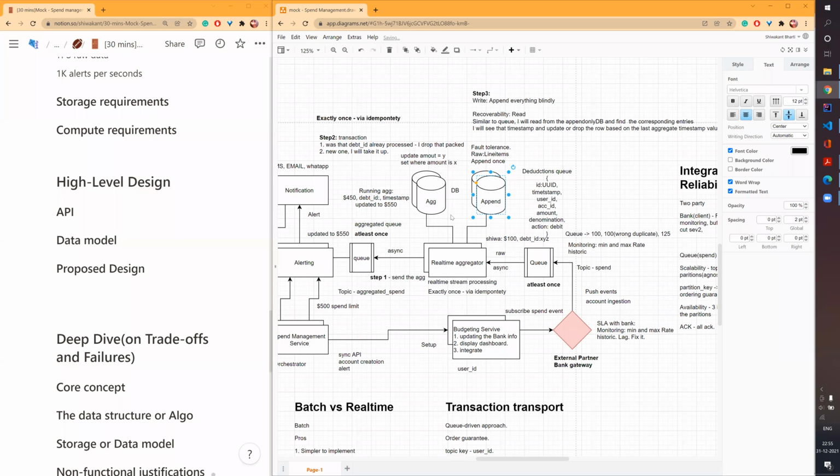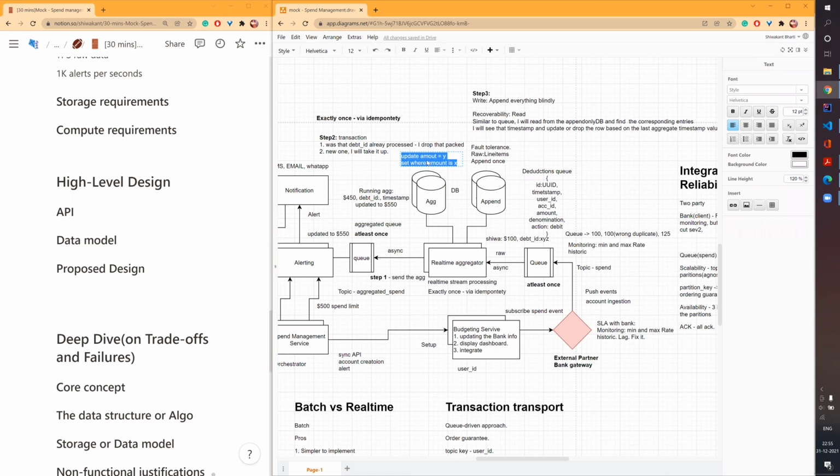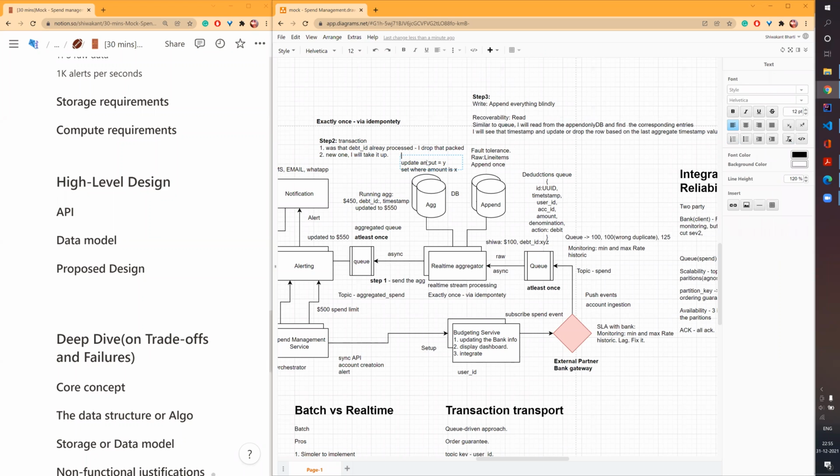The only thing is, I think transaction is the biggest bottleneck. So I'm thinking, can we have some sort of atomic update? If we are able to justify some sort of atomic update, then we should be able to achieve it. That is my thought here.